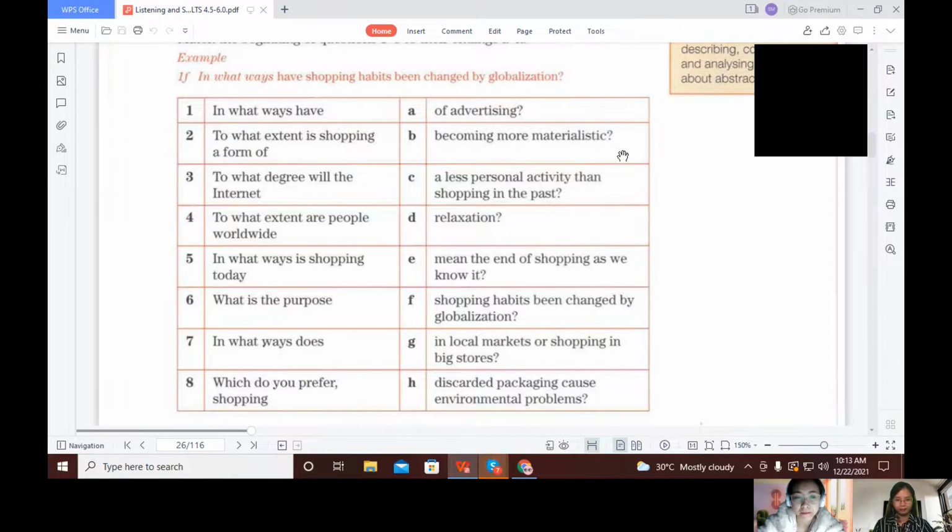Okay, number 6. What is the purpose of advertising? The advertising will make the product more close to the consumers.